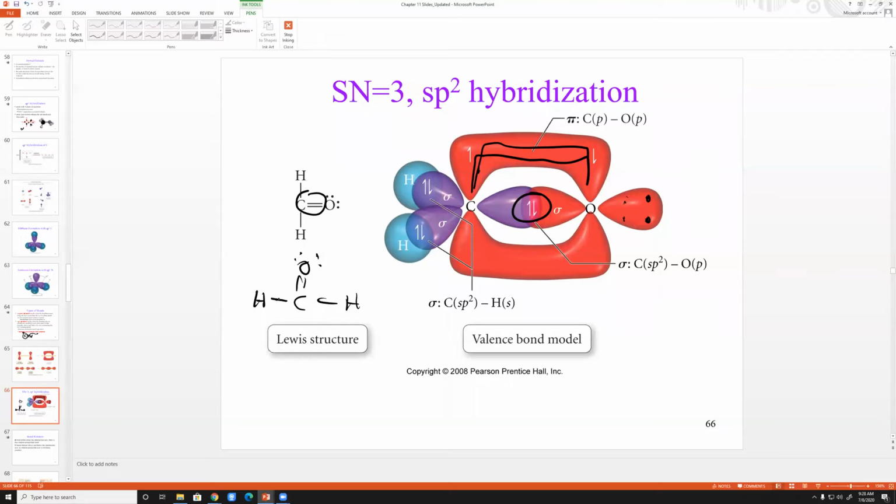So there's 1, 2, 3. So that means if it's 3, it's going to be sp2. Now for oxygen, you have 1, 2, 3. So it's also going to be sp2.